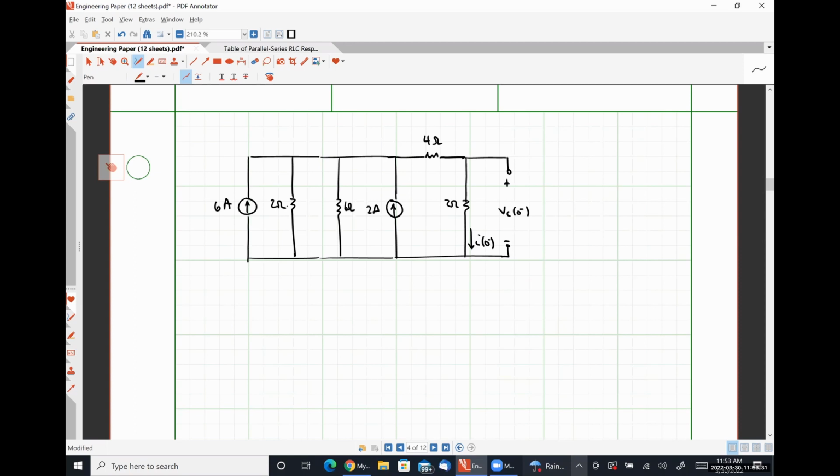Because I have 2 current sources in parallel and their directions are both up, I can simply add them together. So that makes this guy an 8 amp source. They're in the opposite direction, absolutely right. I understand it's been a hot minute since some of you guys took circuit one. 2 in parallel with 6 is going to be 2 times 6 over 2 plus 6. 12 over 8 is 1.5 ohms.